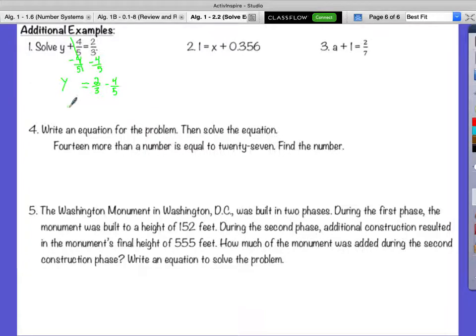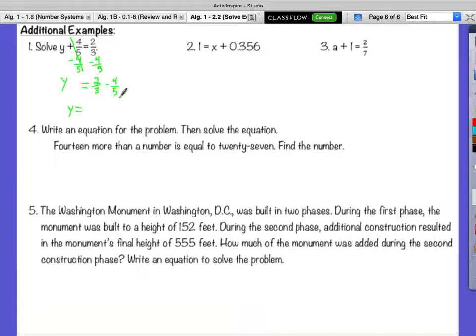So this y is going to stay y. It's already by itself with a coefficient of 1. That's how we want it. Cheyenne, what is our common denominator going to be? 15. That is the lowest common denominator for 3 and 5, okay? So how do we get this 3 to look like a 15?